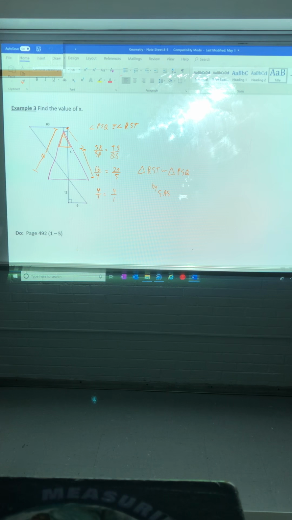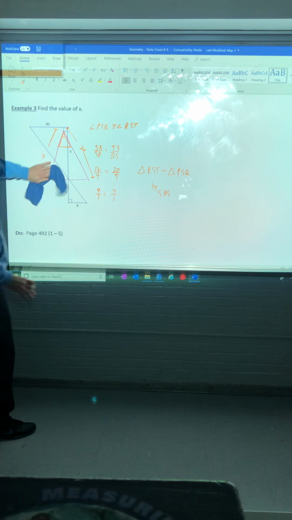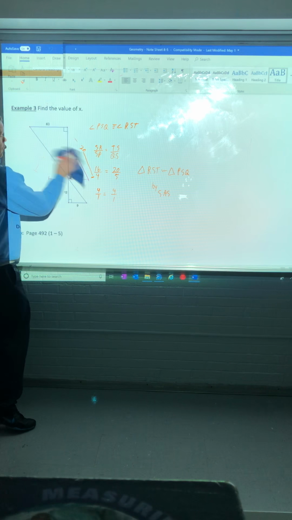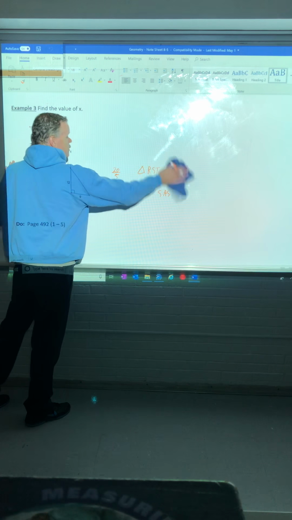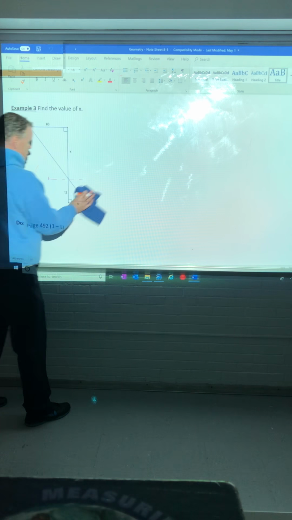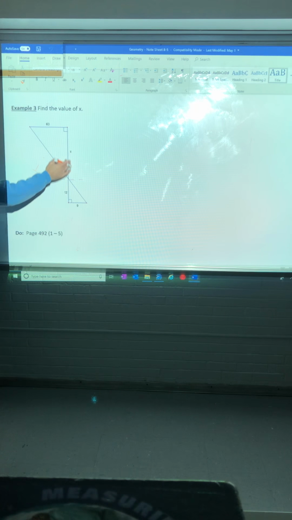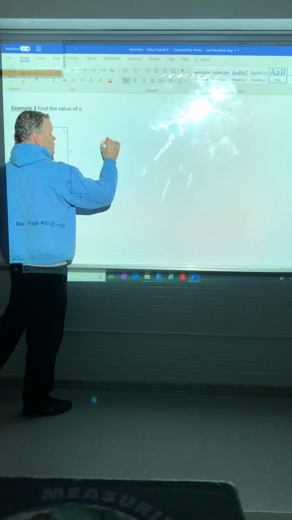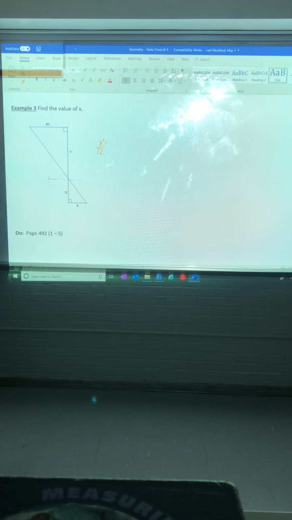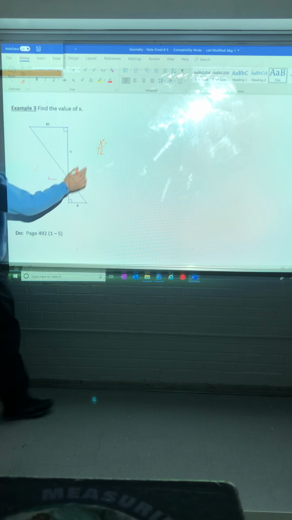And then finally, we're just going to find the value of x. With this one, you can just put x, if you go big to small, x over 12, big triangle, small triangle, is going to end up equaling 63 over 9.